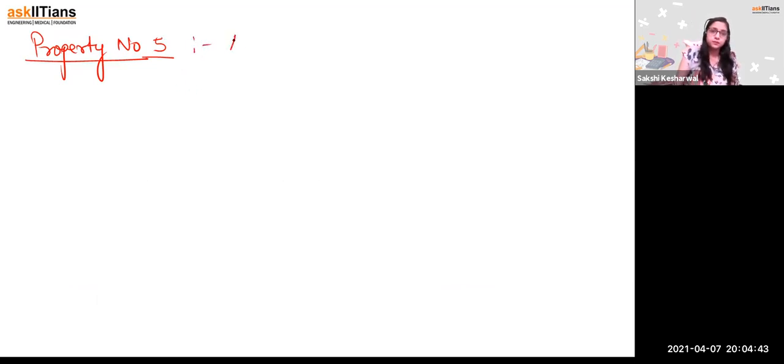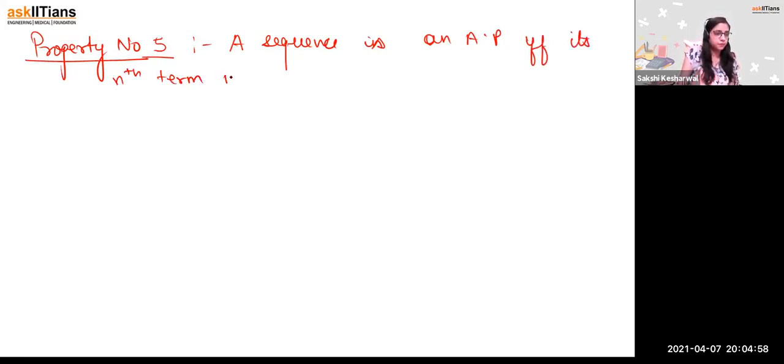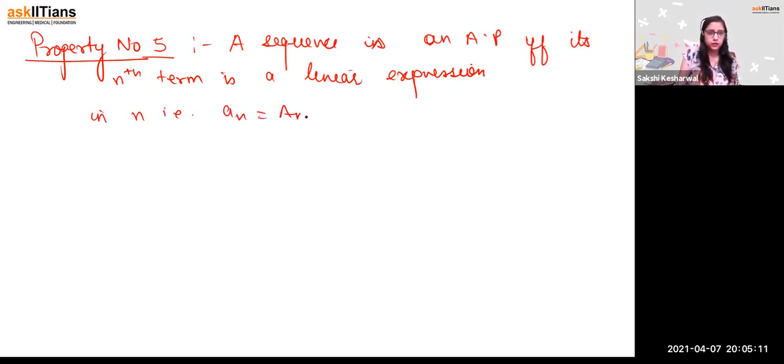A sequence is an AP if and only if its nth term is a linear expression in n, that is a_n is equals to an plus b, where a and b are constants.